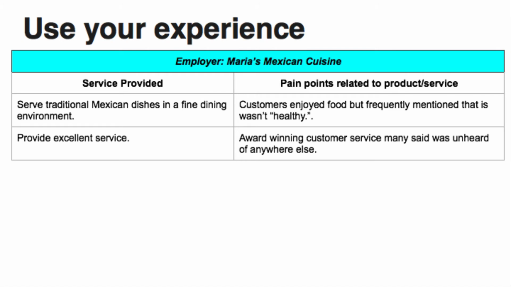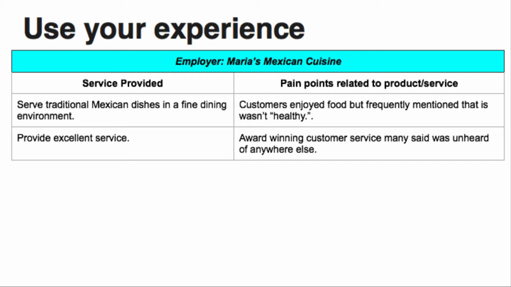So let's use Maria's Mexican cuisine as an example for our work experience. So service provided, they serve traditional Mexican dishes in a fine dining environment, and they provide excellent top-of-the-line service.